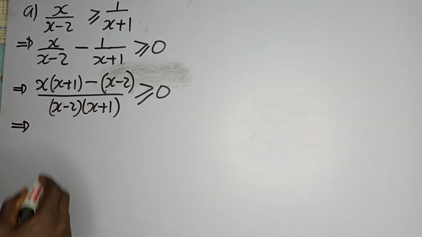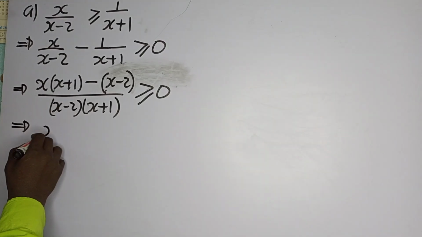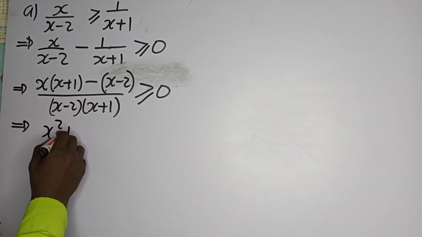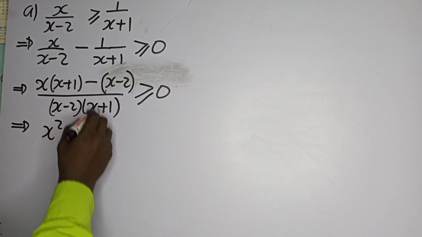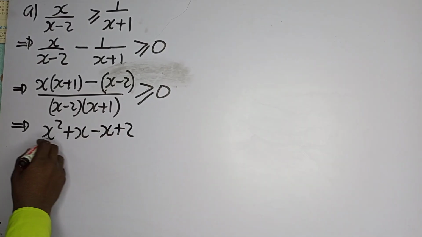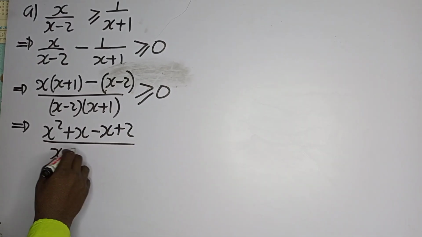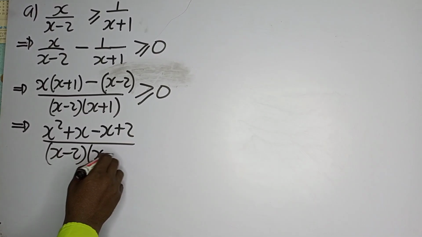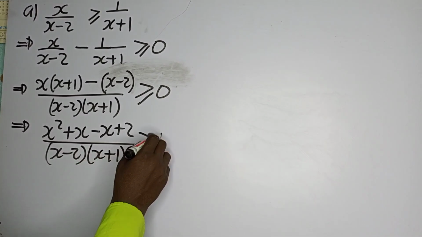Now, let's open the parenthesis. x multiplied to x is x squared. x multiplied to 1 is x. Negative multiplied to x, negative x. Negative multiplied to negative 2, positive 2, all over x minus 2, x plus 1, greater than or equal to 0.